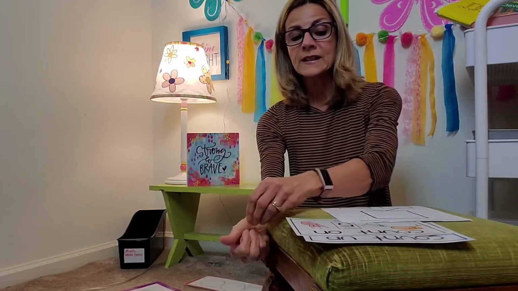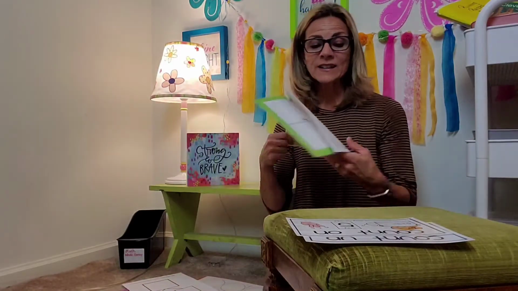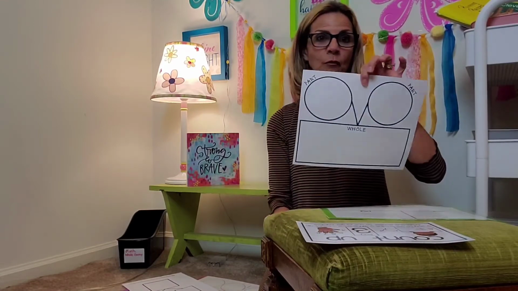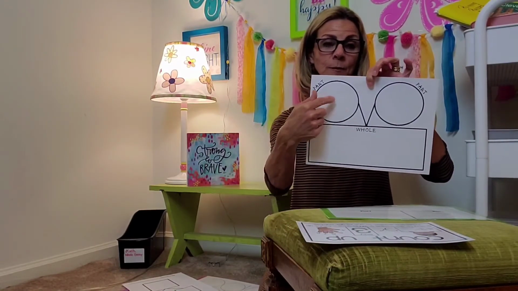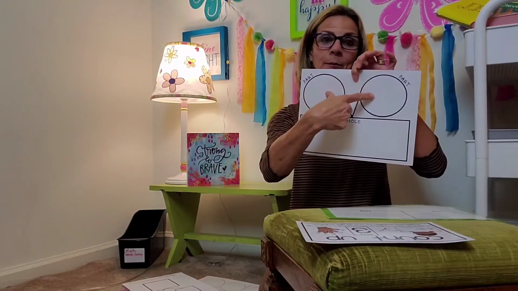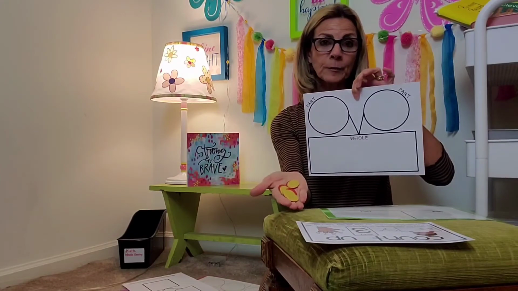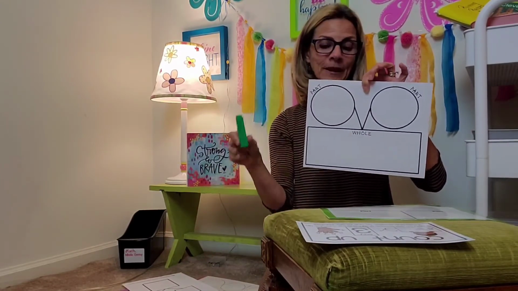Another tool that is very similar that we explored in our last math video is the whole part mat. And I also have one that looks like this. This is really good to use if you're doing addition, because you can build your 2 parts again and pull them together. I always like to use either the flip chips that have 2 different colors or 2 different color snappy cubes.